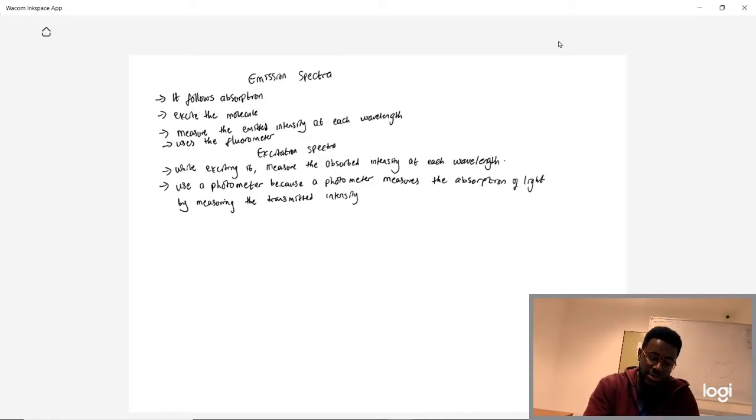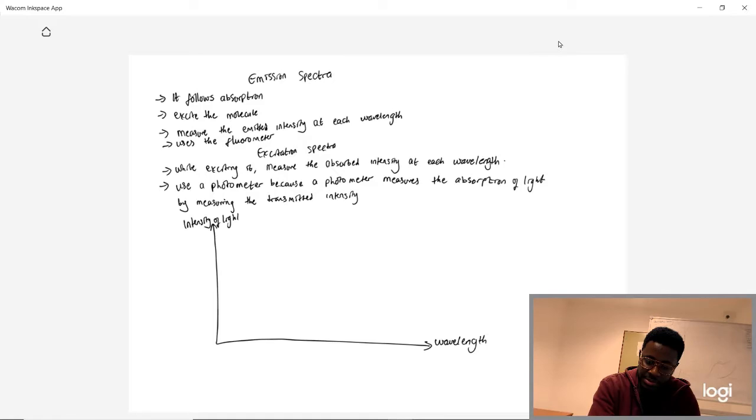Okay, the next slide just shows how the two relate to each other. If this is the wavelength, and this is the intensity of light, how does it relate?